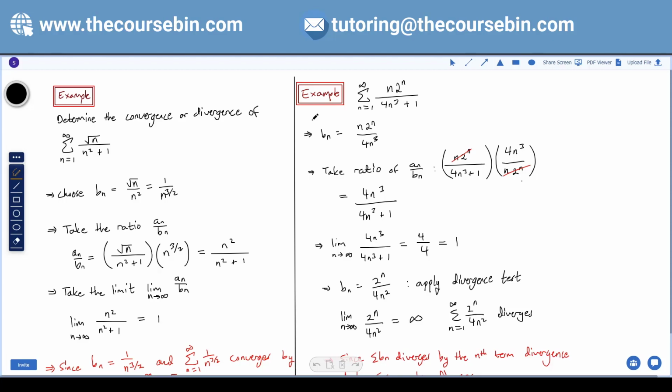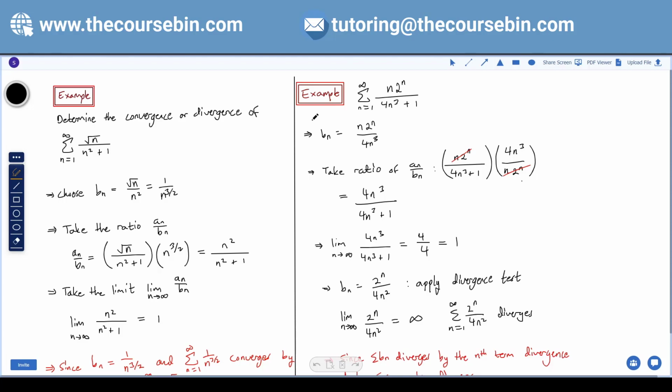Sometimes they will. Sometimes they'll say use the comparison test to determine if this series converges, or use the limit comparison test to determine. So the question might state it out and say, okay, use this test, right? So that'll definitely show up. But if it doesn't show up, they'll just ask you to use the appropriate test, so it'll be up to you.